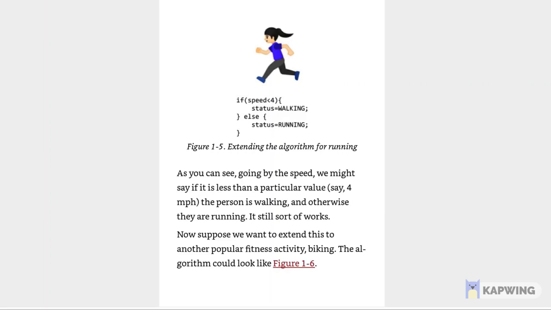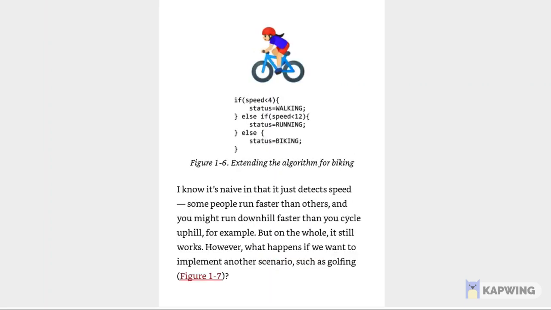Now extend this activity to, say, biking. If the speed is less than 4, the girl is walking. Else if the speed is less than 12, then she might be running, and if nothing else, then she is biking. In this scenario we can somehow figure out what kind of activity the person is doing.